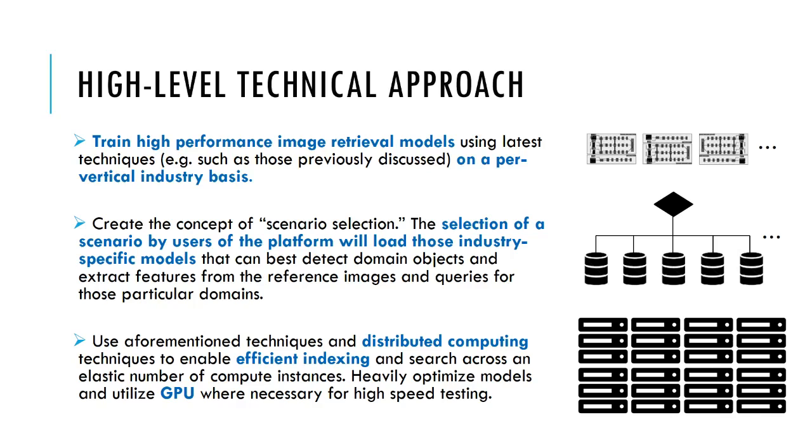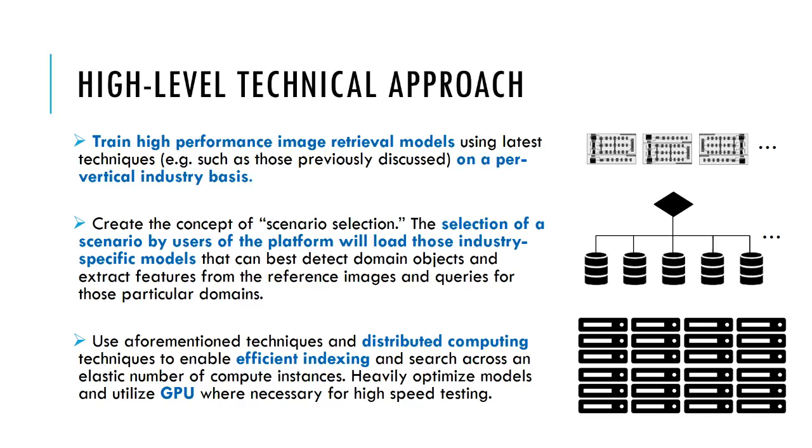This is a matter of technology, also a matter of requirements. Each vertical is special in its own way, and we need to adapt to those verticals. We use the latest techniques, of course. Some of the techniques we described, some of the techniques we also invented ourselves, and we perform them, again, on a per vertical industry basis, and that's the concept here.